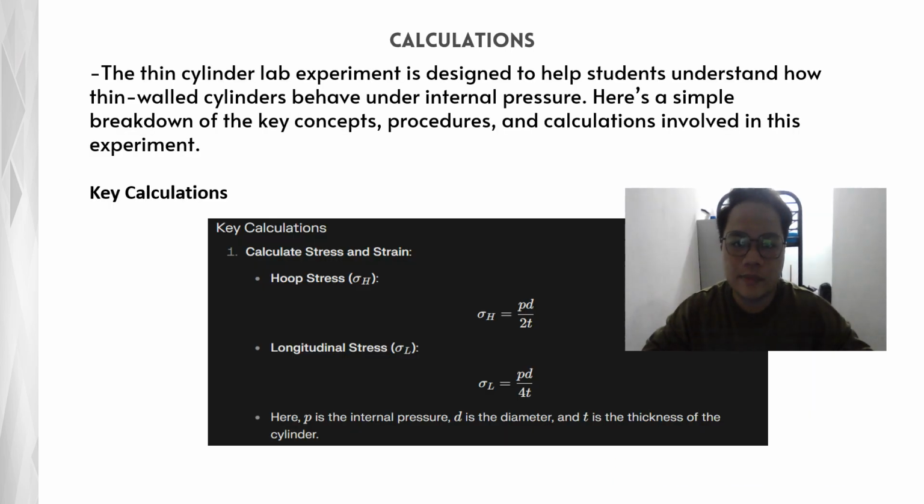Now I will explain about thin cylinder calculation. The thin cylinder lab experiment is designed to help students understand how thin-walled cylinders behave under internal pressure. Here is a simple breakdown of the key concepts, procedures and calculations involved in this experiment. Firstly, calculate stress and strain: hoop stress, sigma h, and then longitudinal stress.